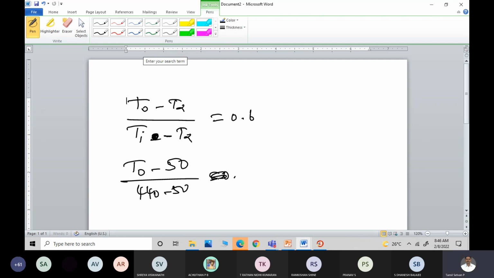So what is T naught? 390 into 0.6 plus 50. Central line temperature, 284 degrees C. Okay.